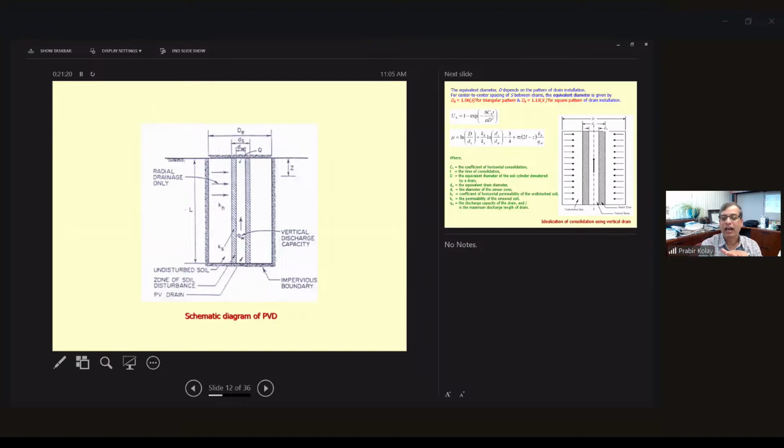For PVD, again, this is like a vertical drain. Inside there is a core, and if you take a pipe and flatten it, just press it, that is like a PVD, prefabricated vertical drain. I can show you some figures later on. So here the concept is the same.